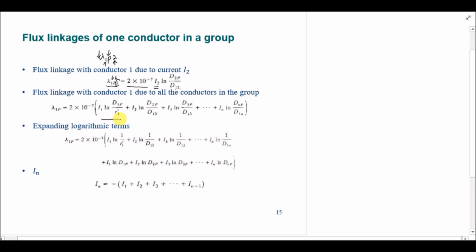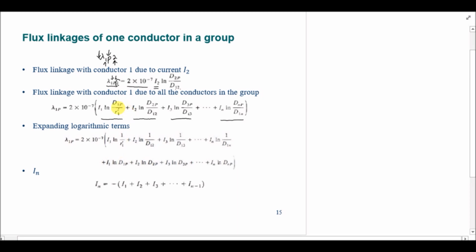So this is for the current flowing through conductor number 1, and when the current is flowing through conductor number 2, conductor number 3, and the current flowing through the nth conductor. If I have to expand this logarithmic term, there are two terms and both are dividing, so we can write it in terms of multiplication.